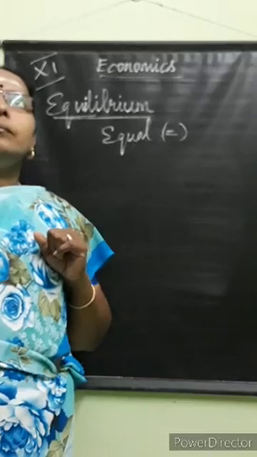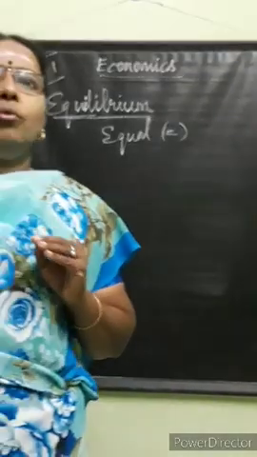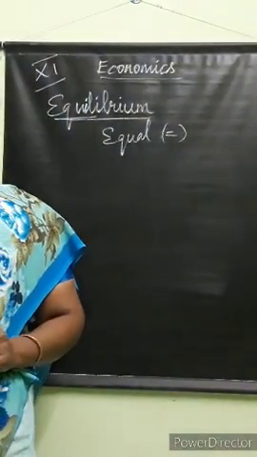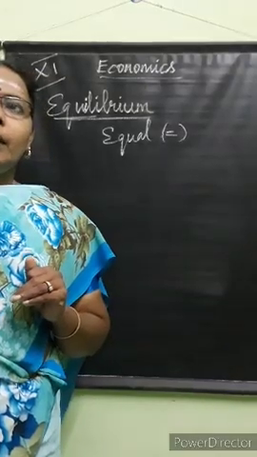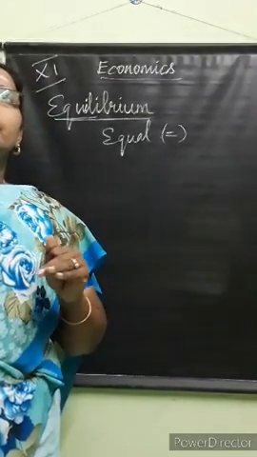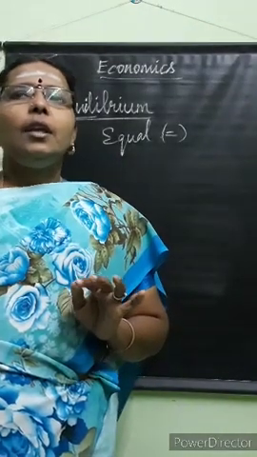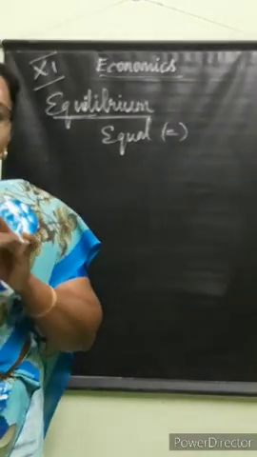For example, if you plan to go for shopping, instead of going for shopping, you spend your time studying lessons. If you get the same satisfaction, then it will be equilibrium.